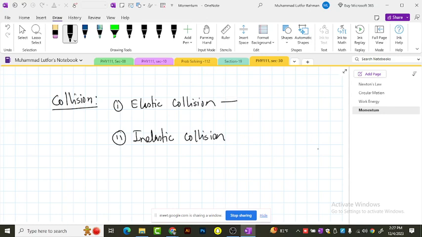The elastic collision has two conditions: initial momentum equals final momentum, and initial kinetic energy equals final kinetic energy. In an inelastic collision, initial momentum equals final momentum, but initial kinetic energy is not equal to final kinetic energy.